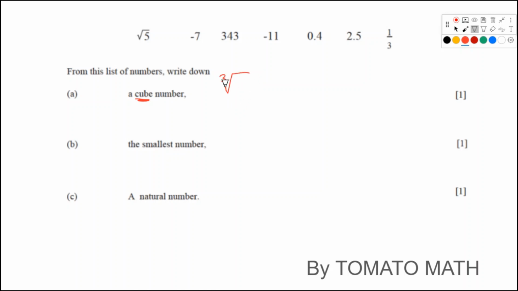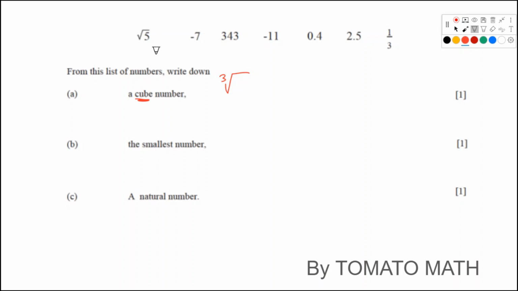Okay, so there is a small 3 in this. You can use a calculator. Okay, cube root, and you will input the number here. If we get a whole number, a perfect number, then it's a cube number. So the cube root of 5.